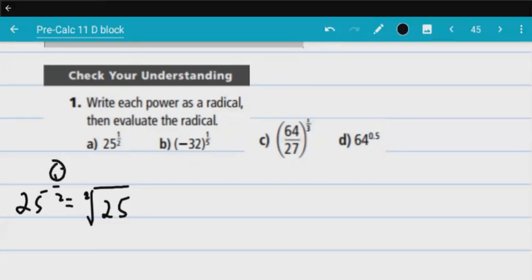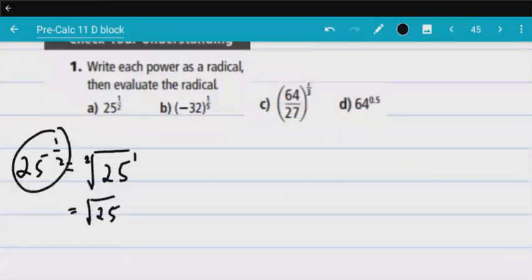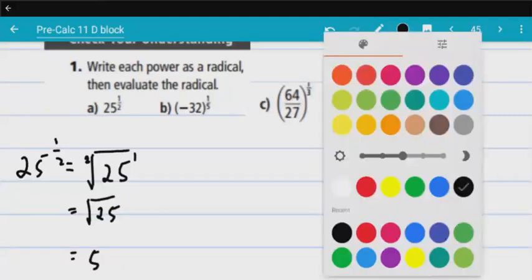And then the numerator 1 becomes the exponent of the radicand, which you don't really need. This is the square root of 25. That is how you write this one as a radical, and to evaluate it, the answer is 5. Okay, here we go. Next.